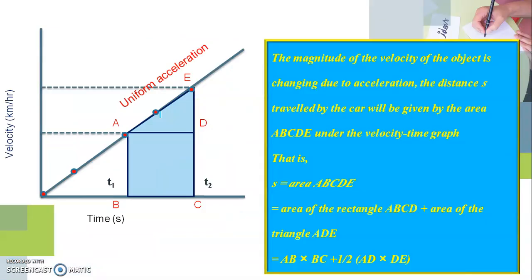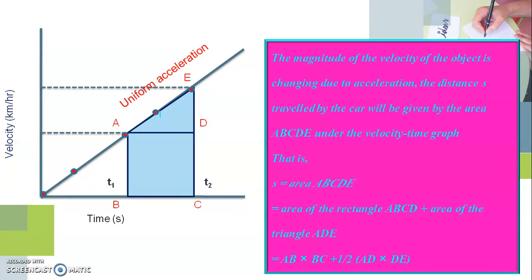Next, from this graph, the area will give you the distance. Again the distance, here distance is given by this area ABCDE, that is the area of this trapezium. Clear? So whenever we have uniformly accelerated motion, then the area of the trapezium will give you the distance.